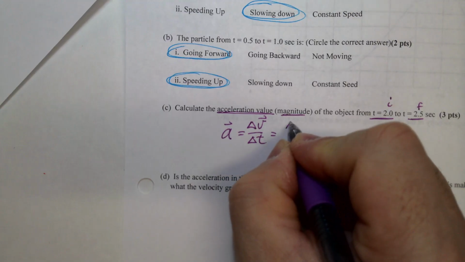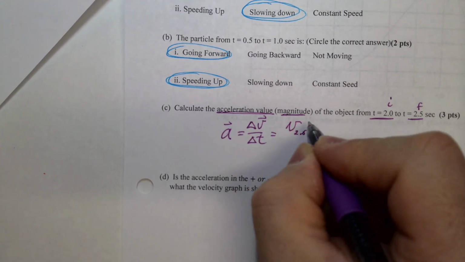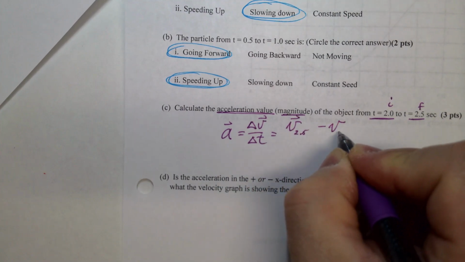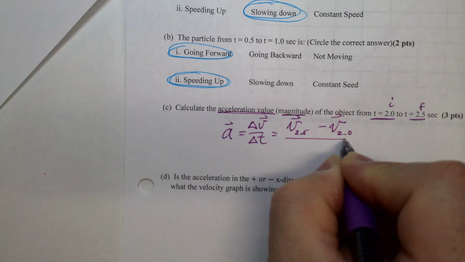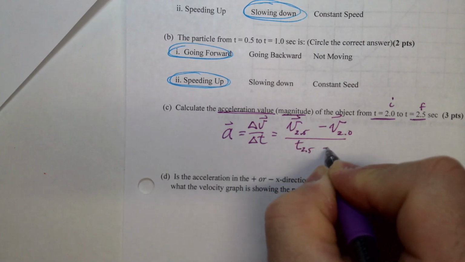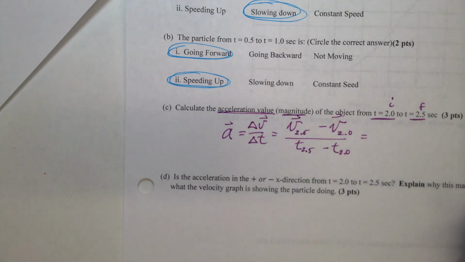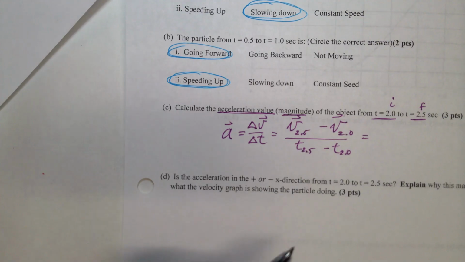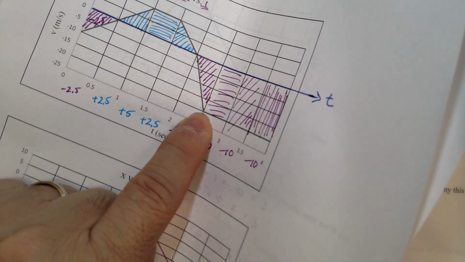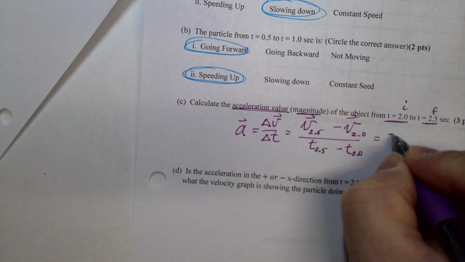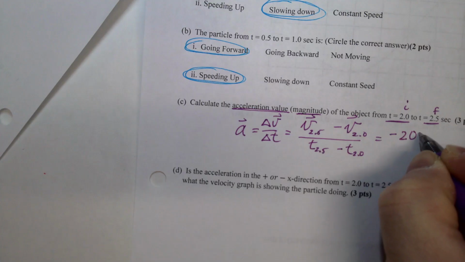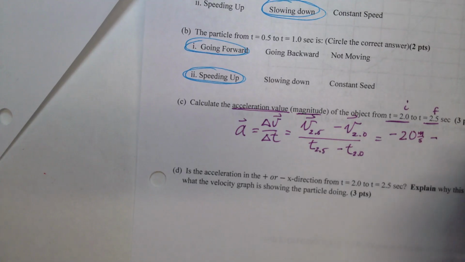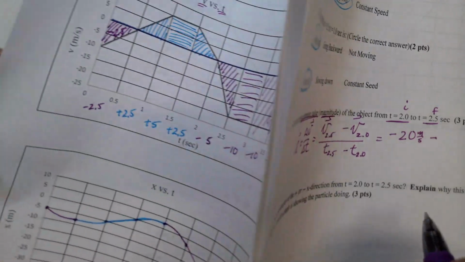So V at 2.5 seconds minus V at 2.0 seconds over T at 2.5 minus T at 2.0. The V at 2.5 seconds is right here, and that looks like negative 20, right? So negative 20 meters per second minus V at 2.0.